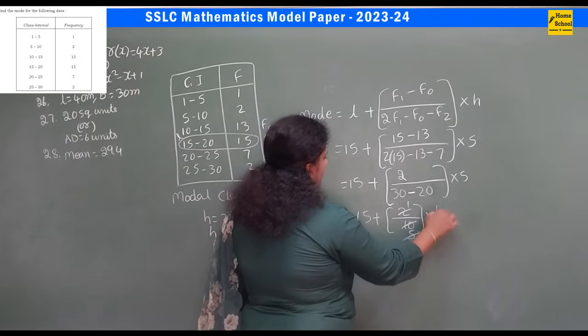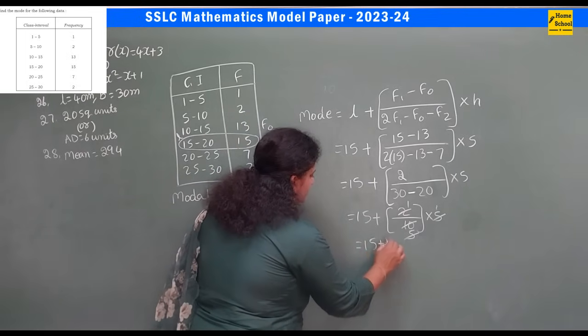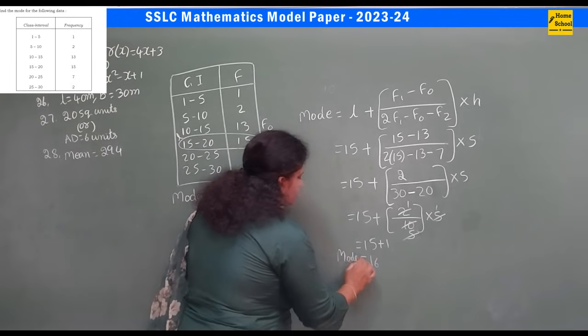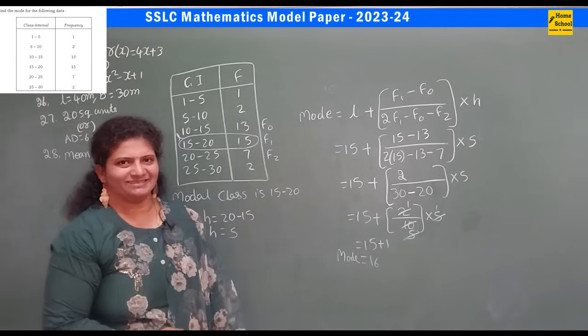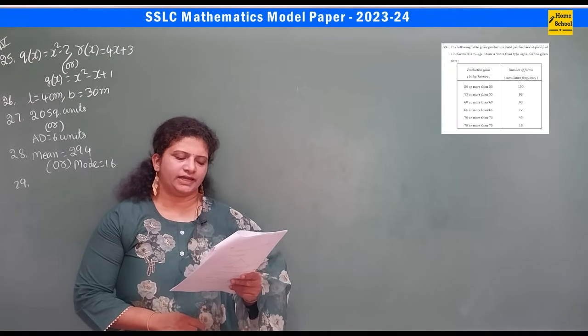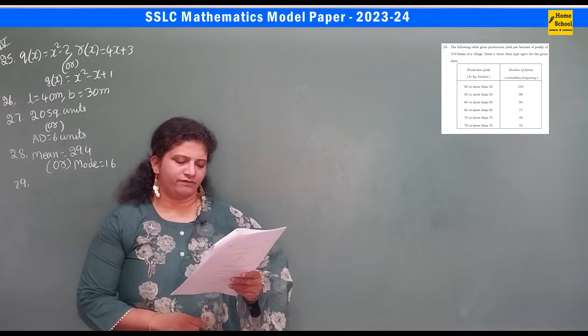And again here 5 1s are 5. 1 into 1 will be 1. 15 plus 1, that is equal to 16. Therefore, what is your mode value? 16.